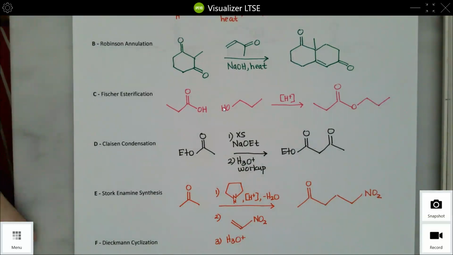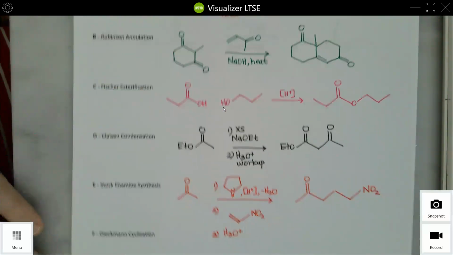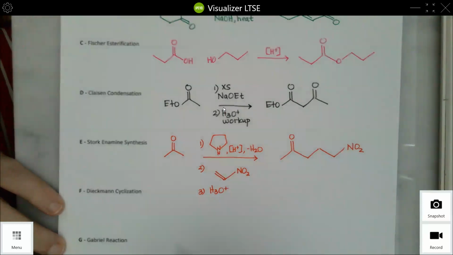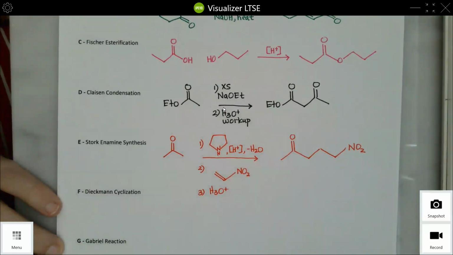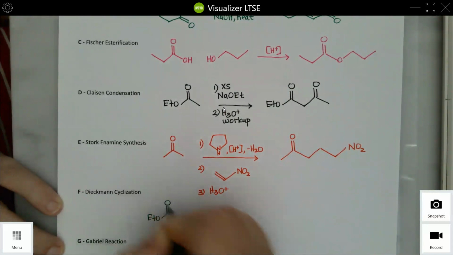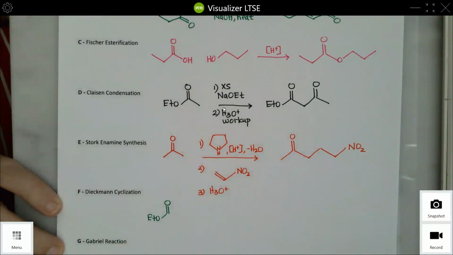Okay, the Dieckmann cyclization. The Dieckmann cyclization is an intramolecular Claisen condensation. So we can start off with something that has two esters in it. And we want to form a decent sized ring.